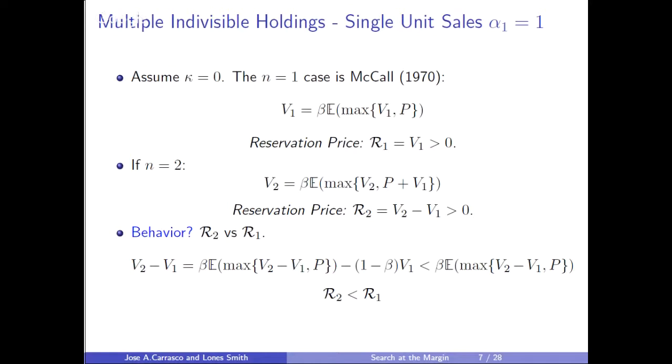Whereas V2 solves V equals beta expected max V, P, minus 1 minus beta V1. Okay?